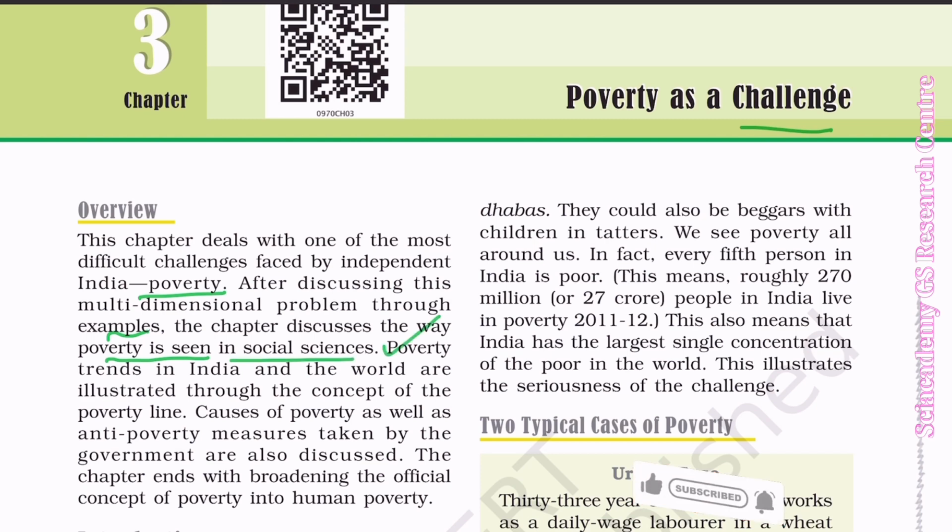Poverty trends in India and the world are illustrated through the concept of the poverty line. Causes of poverty, as well as anti-poverty measures taken by the government, are also discussed. The chapter ends with broadening the official concept of poverty into human poverty.